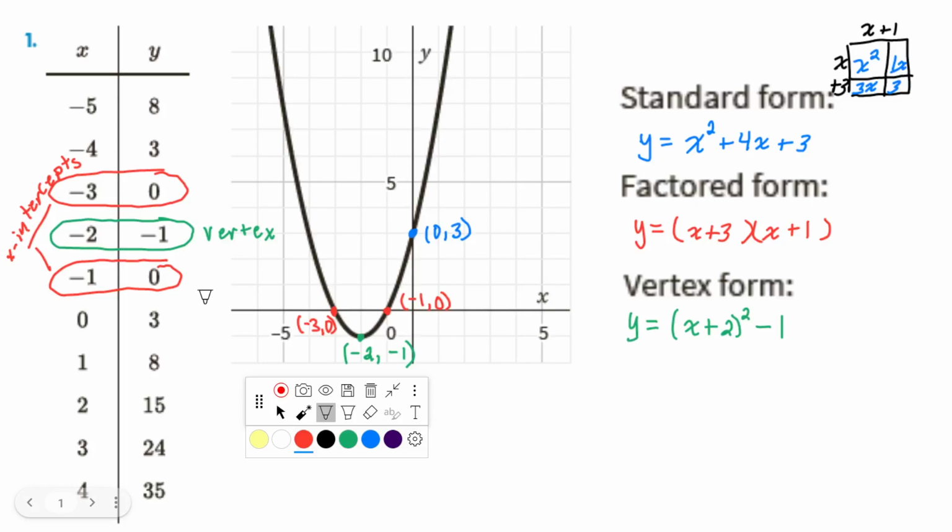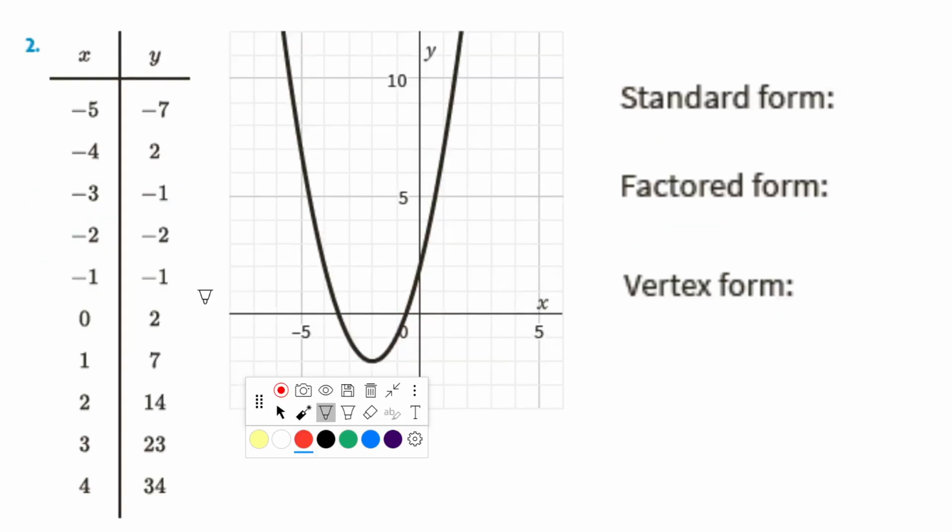Let's take a look at one more example. In this case, I can again identify my vertex. This time it's -2, -2, but my x-intercepts are not exact points. So I'm not going to be able to write my factored form just yet.